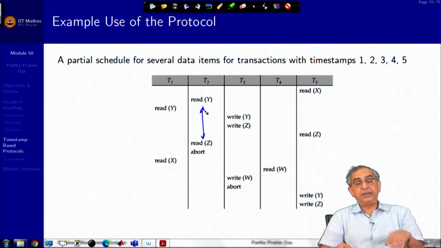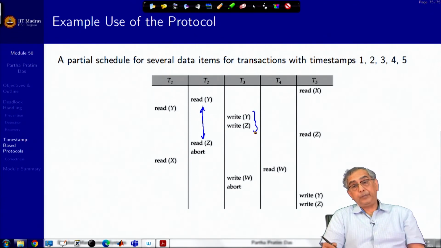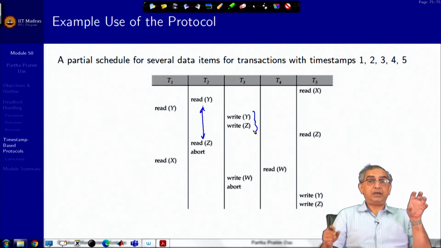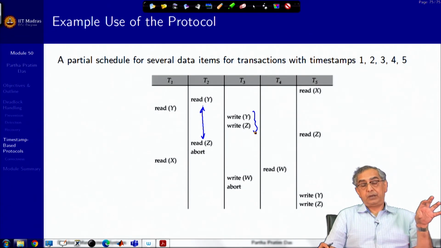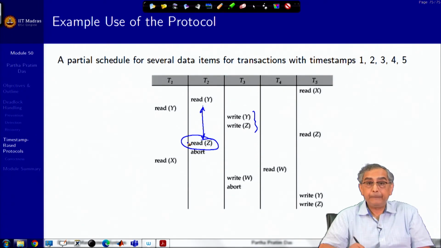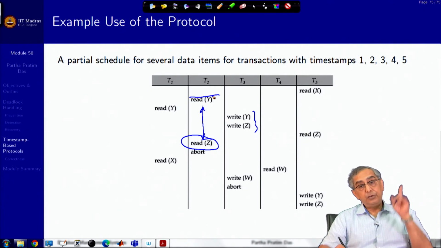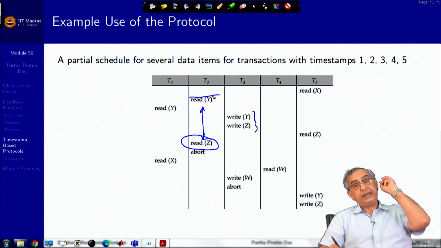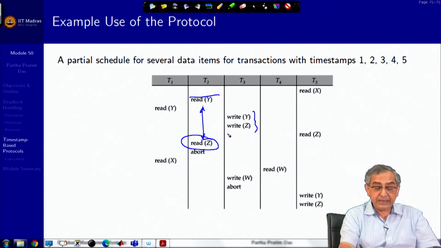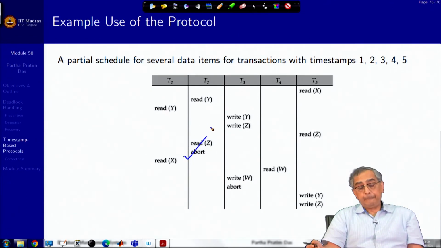In the transaction it is read y, read z, write y, write z, but because of the concurrency, this transaction did not get to work. It did not get the processor, CPU. Other transactions worked. So, its intended time is attributed at the beginning of the transaction, which is old. So, it needed to read the data then, but that data has changed in this write z. So, this read is not valid. So, you abort. That is the kind of logic.